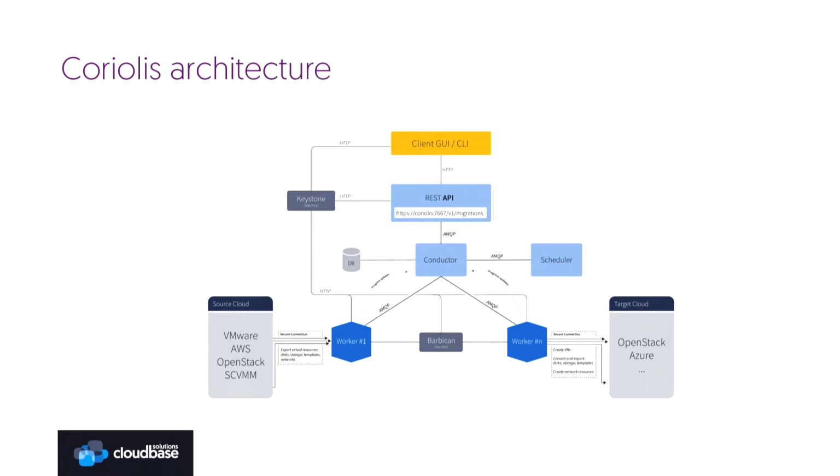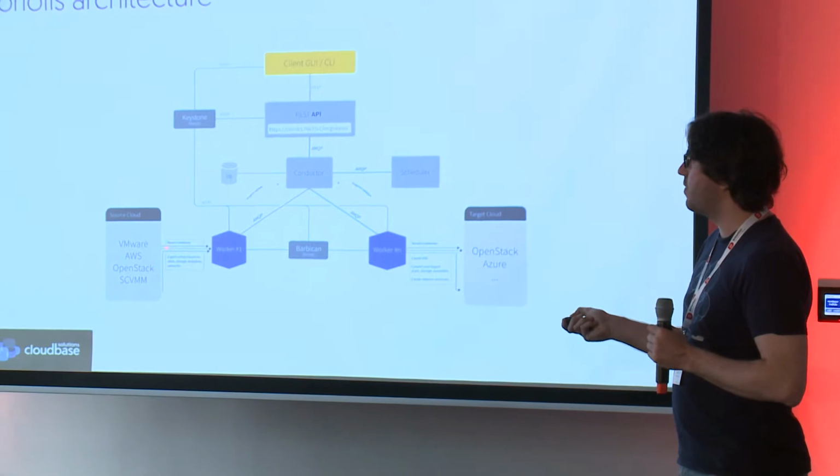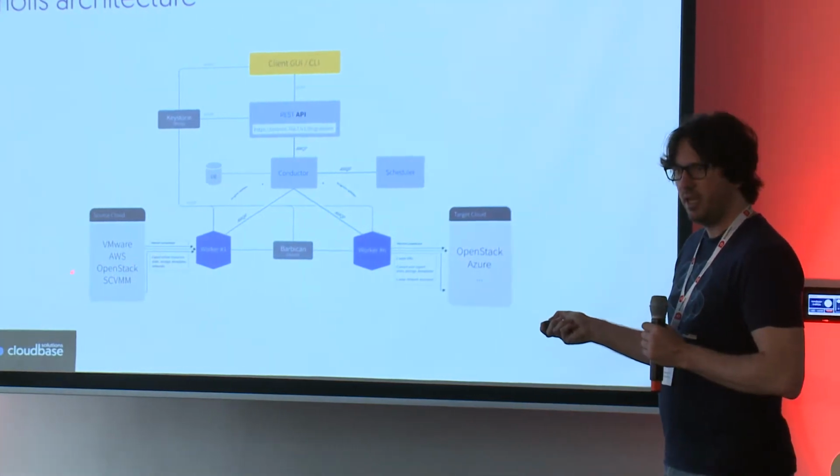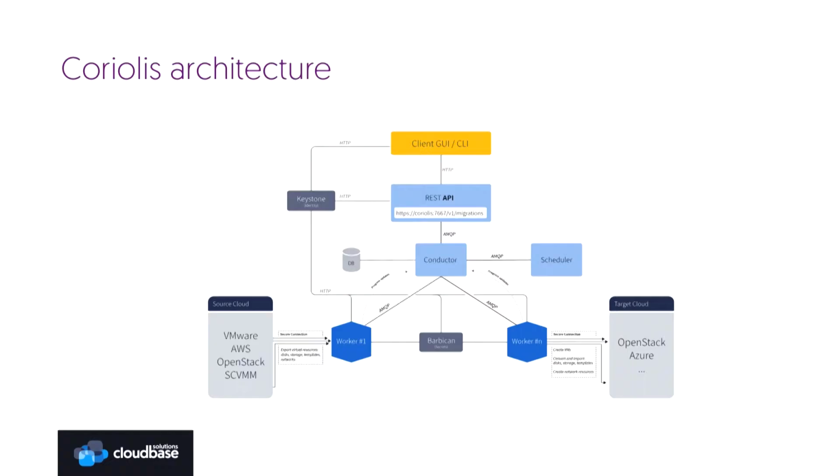Coriolis itself is completely agnostic, so the core of the project doesn't know anything about your specific clouds, okay? So there is no assumption made inside here about how VMware or OpenStack or whatever else works. The components which are in charge of talking to OpenStack or VMware and everything are called providers, and they're like plugins, and they live inside of the worker.